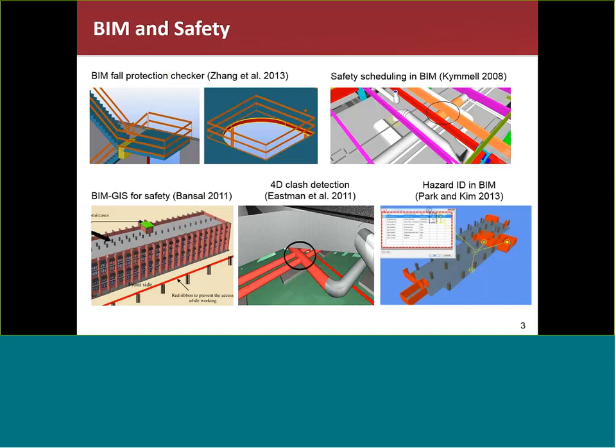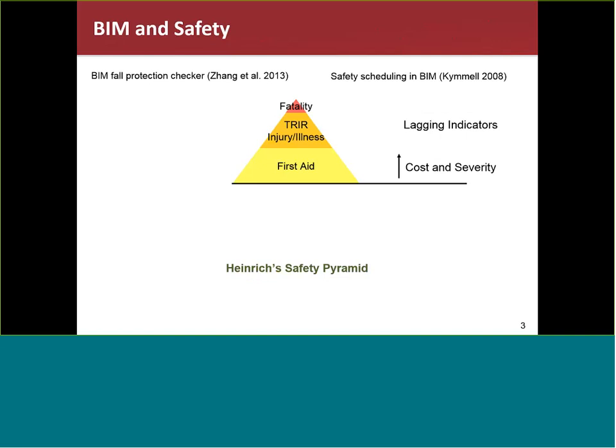These are applications that were created in BIM and can run on an existing BIM model. So things like a fall protection checker, safety scheduling, hazard ID, clash detection, and the implementation of GIS information into BIM also helps with safety in terms of location tracking.